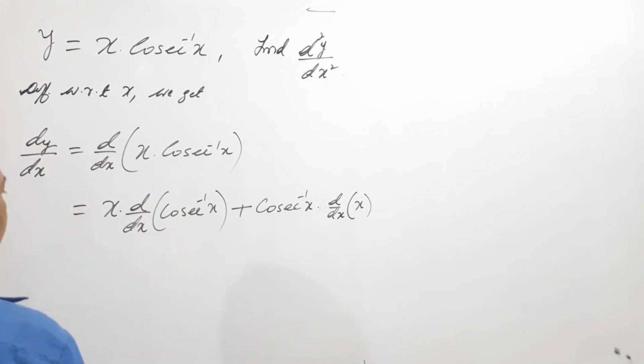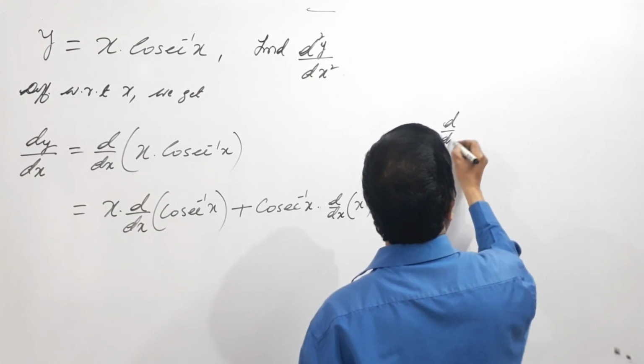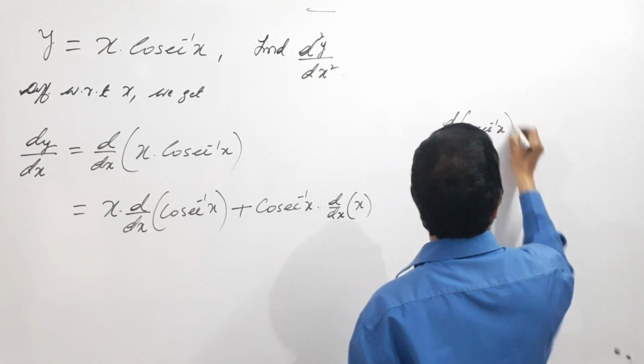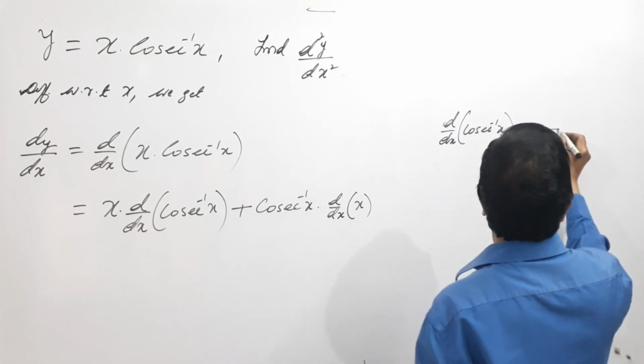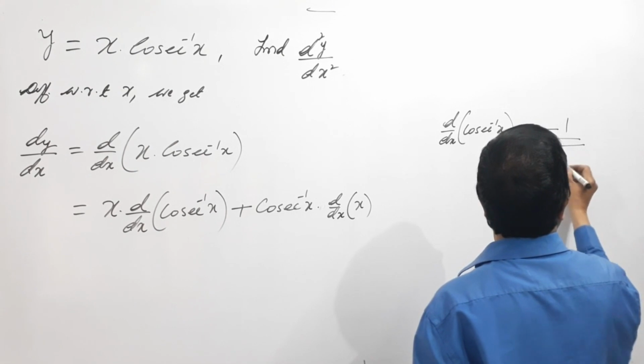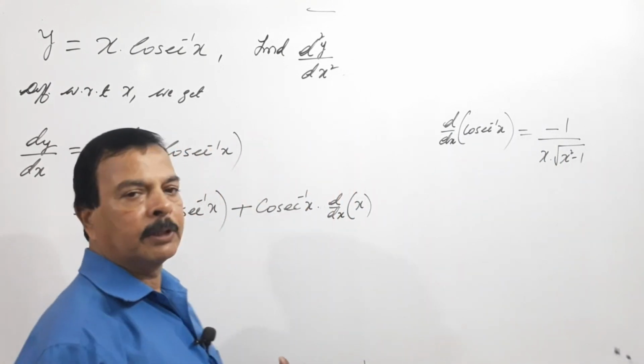So what happens here? Now remember, d by dx of cosecant inverse x is what? Minus 1 by x into under the root x square minus 1. So dear students, you should remember this formula.